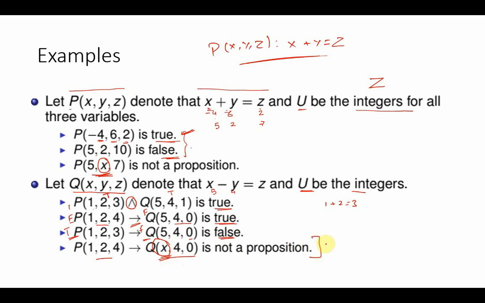The takeaway from this slide is that the propositions resulting out of a predicate getting the values of its variables can be operated upon by the connectives that we studied in propositional logic. So I can even combine predicates using the same connectives.